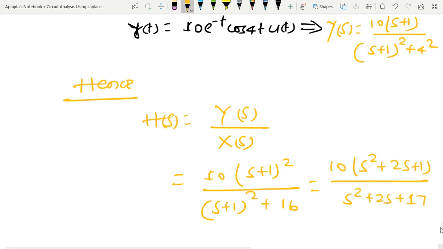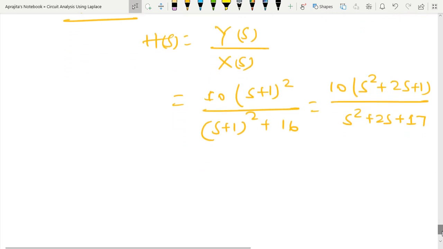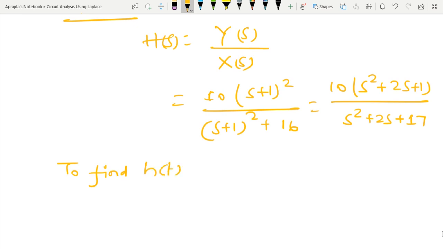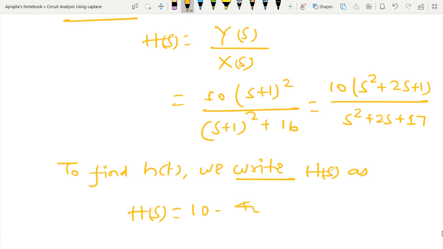Now this is the transfer function, and once I know the transfer function I can directly find the impulse response. So to find h(t) we write H(s) as 10 minus 40 over something, because in this way we obtain the inverse Laplace transform.